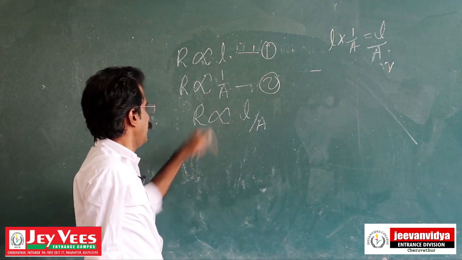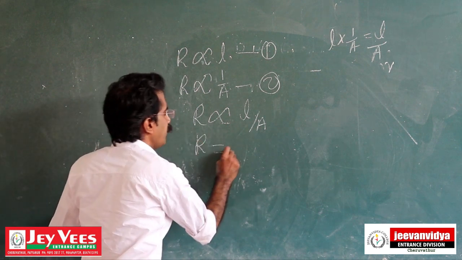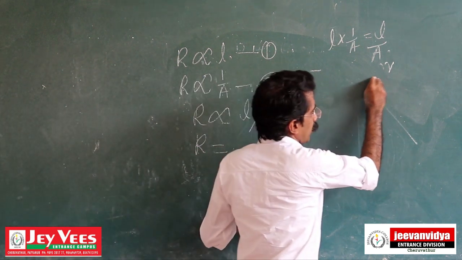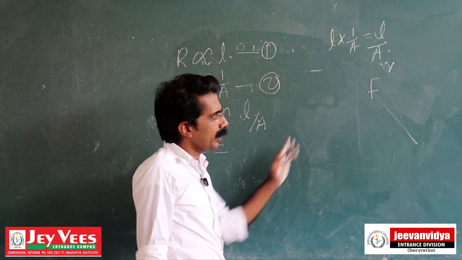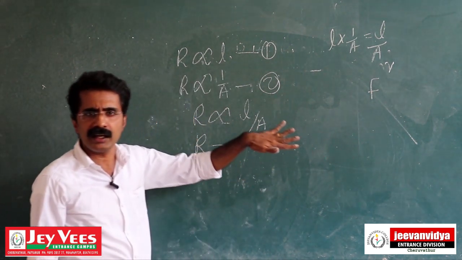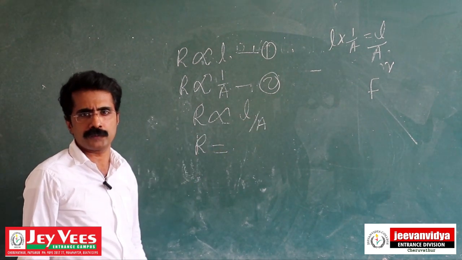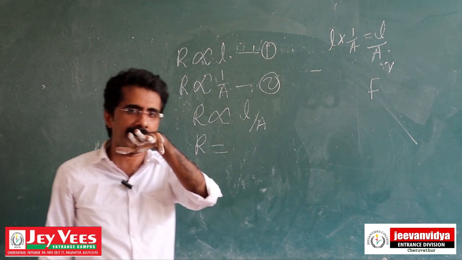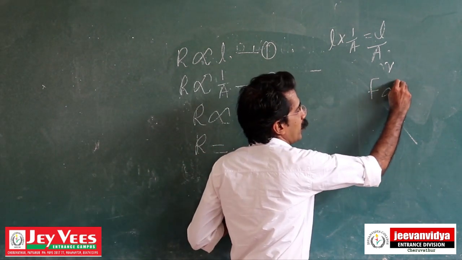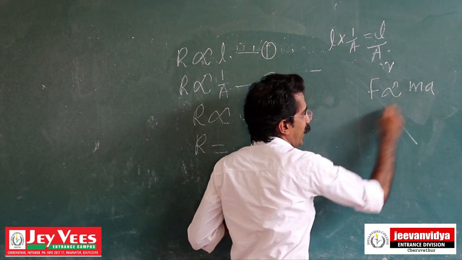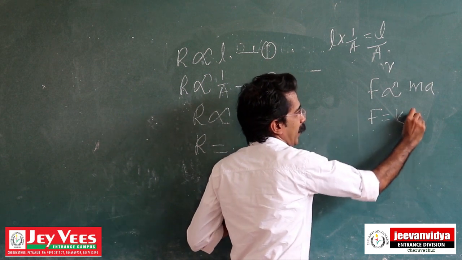Changing the proportionality sign, we get R is equal to... do you know Newton's second law? According to Newton's second law, the rate of change of momentum is directly proportional to applied force. F is directly proportional to ma, and F is equal to kma.